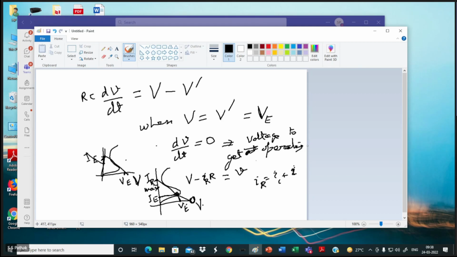IR will be equal to your negative resistance. That means V divided by Rn, negative resistance, is this value. Okay, so this current and this voltage draw the load line. This intersection is your VE, this will be your IE. I do it again.